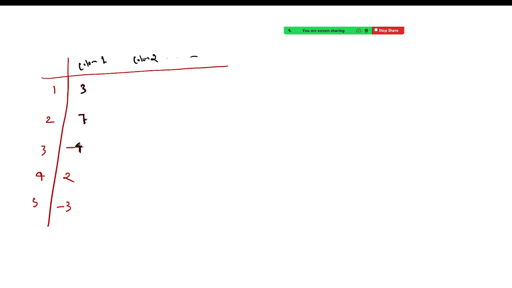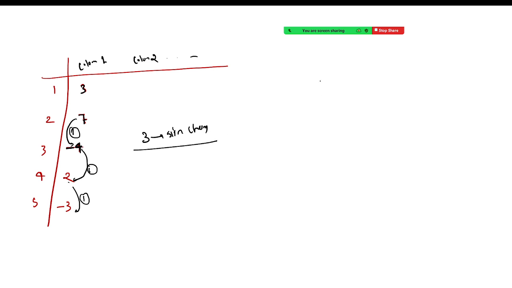So the system will be unstable. But now check: positive to negative, one sign change; again negative to positive, one sign change; and again positive to negative, one sign change. So how many sign changes are there? Three sign changes.